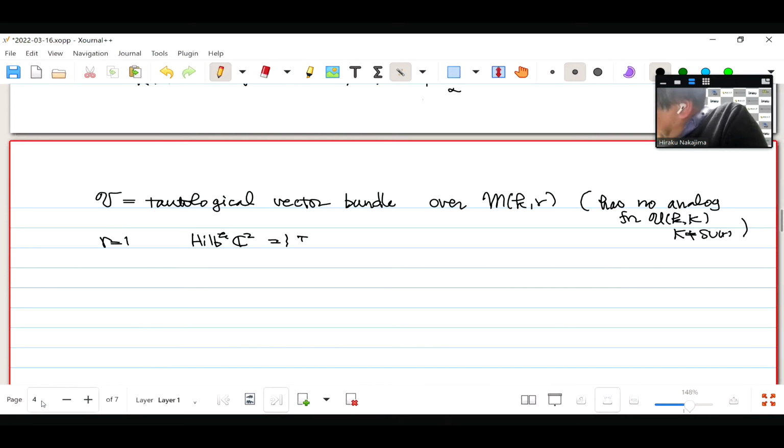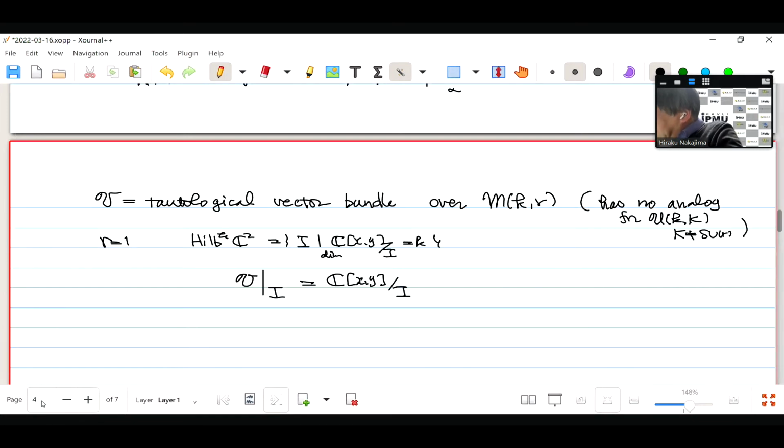As I said, this is the set of ideals such that the quotient is K-dimensional. Over here, I is a point in the Hilbert scheme of points. Then you can consider a very natural vector space, C[x, y] modulo I. If I vary I, then this V changes, so you have a family of vector spaces.